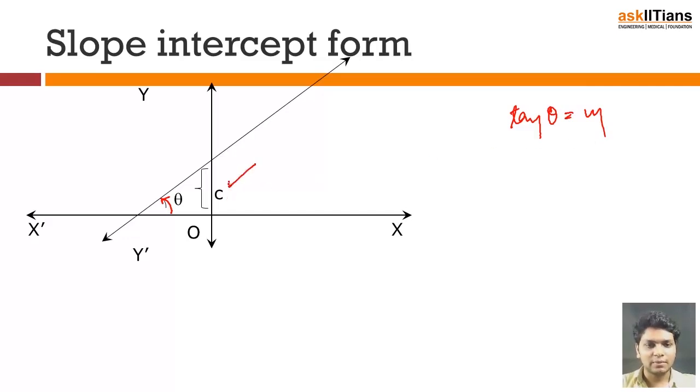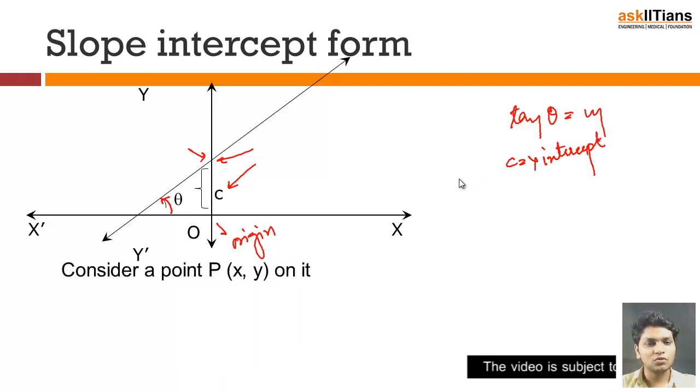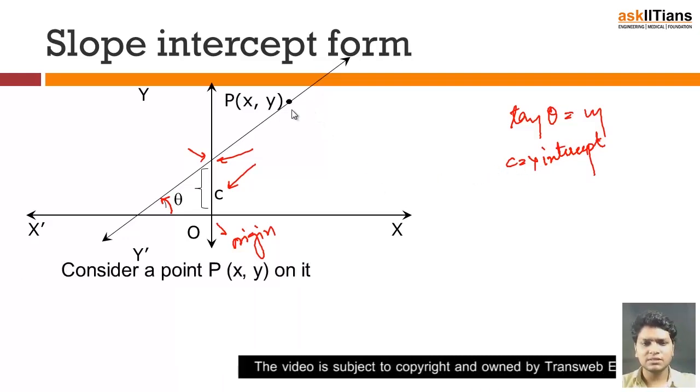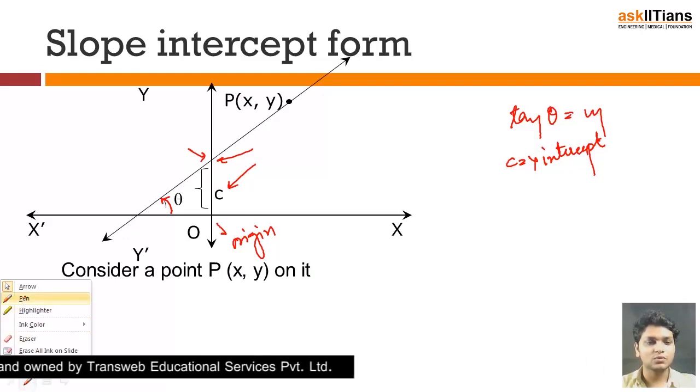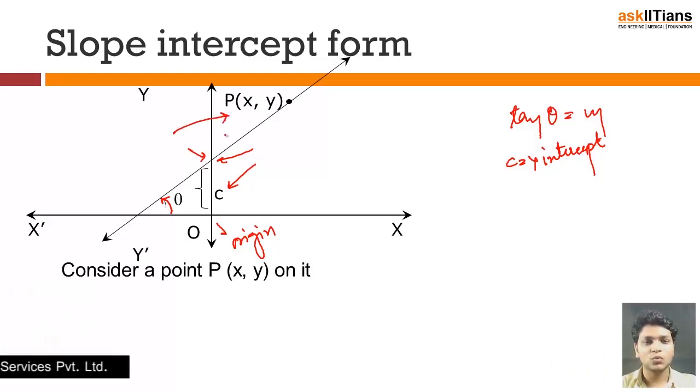As described above, this is the origin and this is the point where it intersects the y-axis. So this is c and this is the y-intercept, right? Moving on, first of all, we'll consider a point on the line. Suppose the considered point is P(x, y), and then we'll try to write the equation of the line.